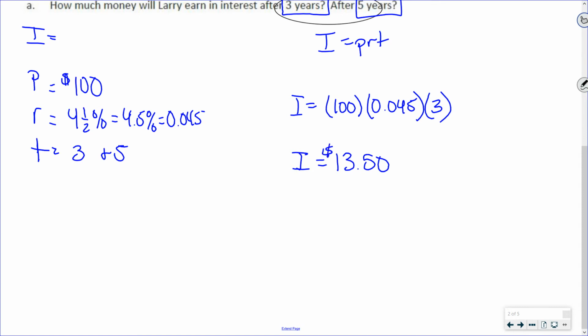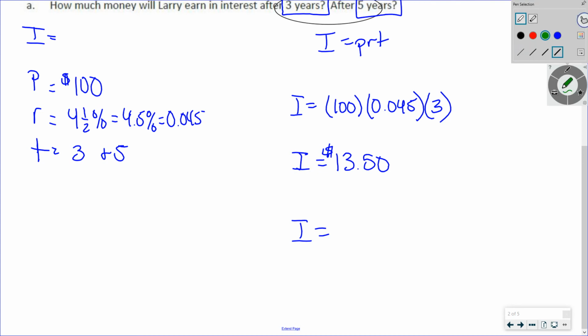Mr. Hale, why is it $13.50 if you found 13.5 in the calculator? Because interest is in dollars. Okay. If we're working with dollars as the principal balance, then the interest is going to be in dollars as well. Okay, so the next part says 5 years. So we're going to use the same formula, but instead we are going to use 5 years instead of 3 years.